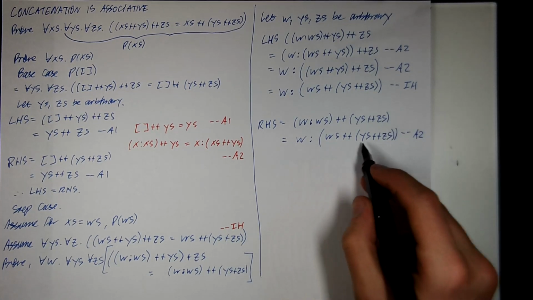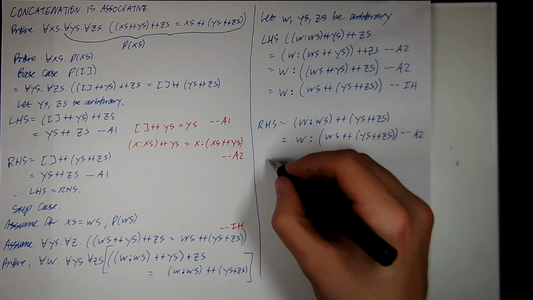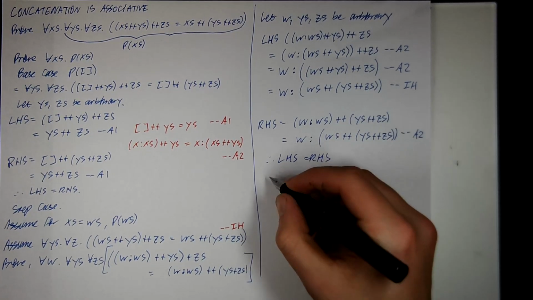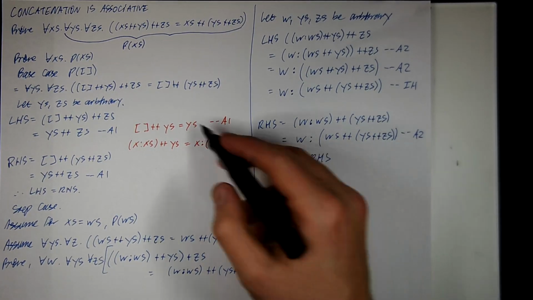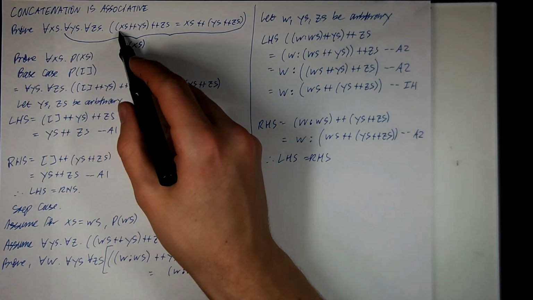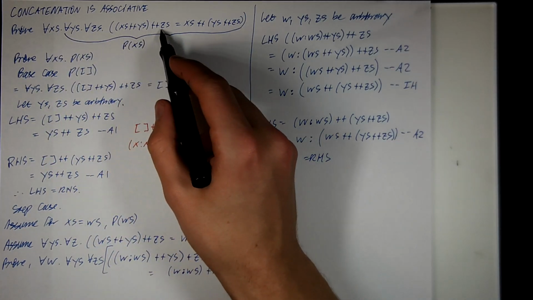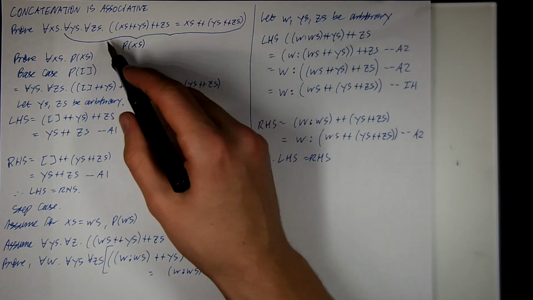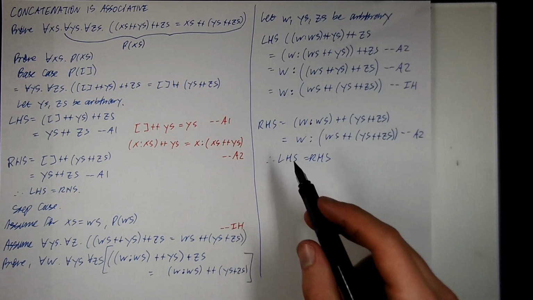And we know this term here is the same as this term here, therefore the left hand side equals the right hand side, and so the statement is proven. So therefore we know for all xs, for all ys, for all zs, if you do the concatenation first here or first here, these two things are going to be the same, which is what we expected.